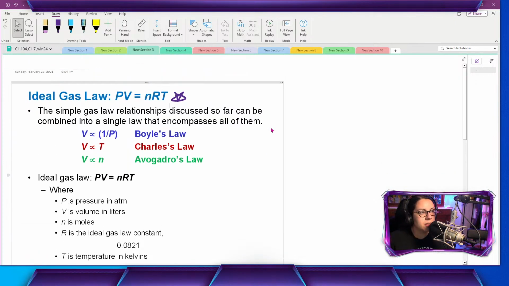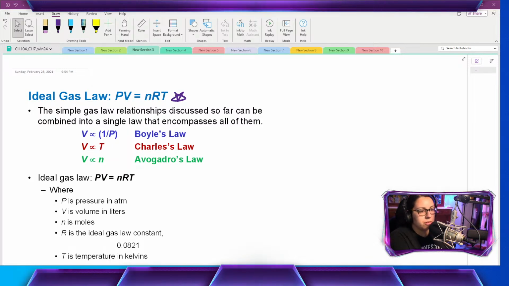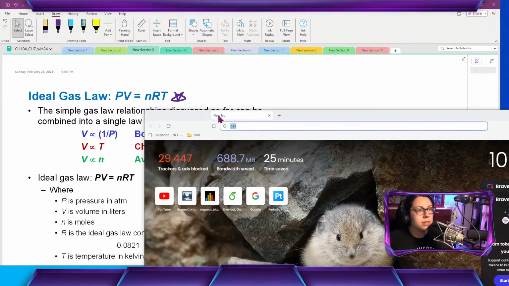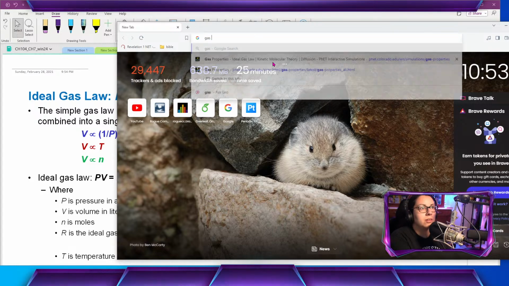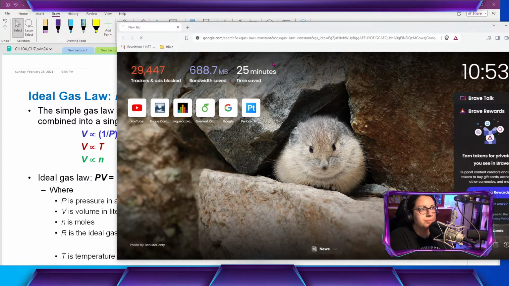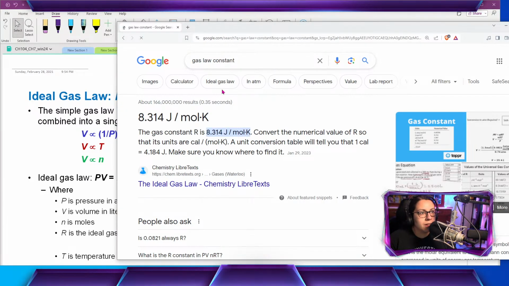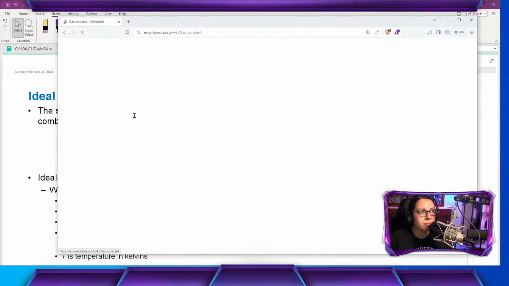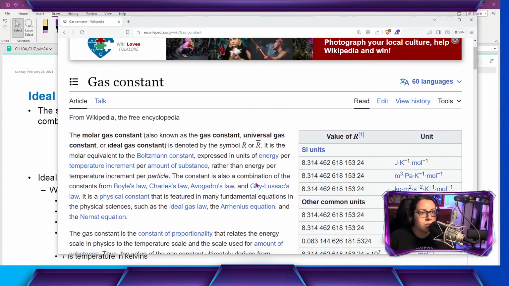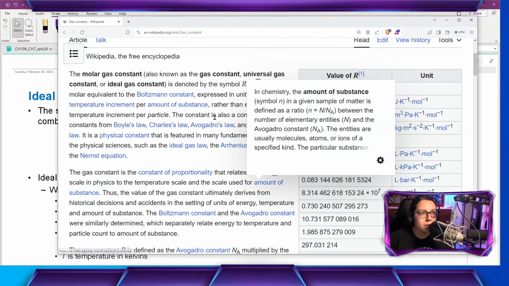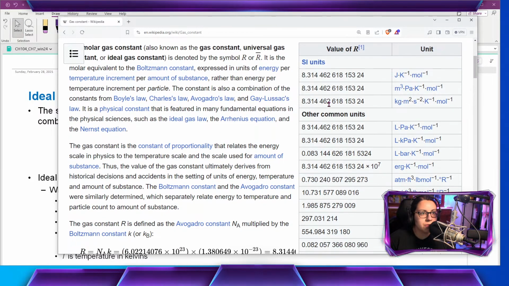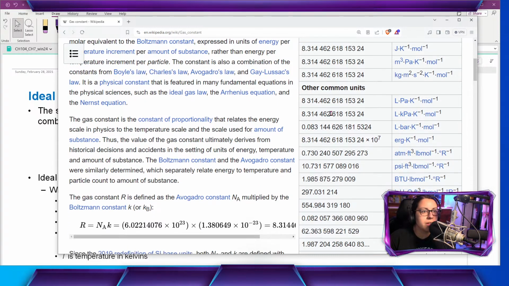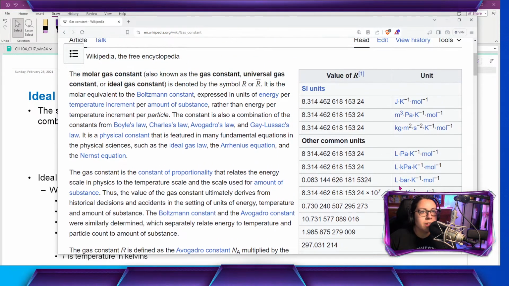Actually, let's talk about some other things. If you just type into Google, and let's do that together, gas law constant, and let's just look at Wikipedia. And if you notice, oh my goodness, there's all these different R's. Well, how come they're different from the one we're using? Look at the units that correspond to it.